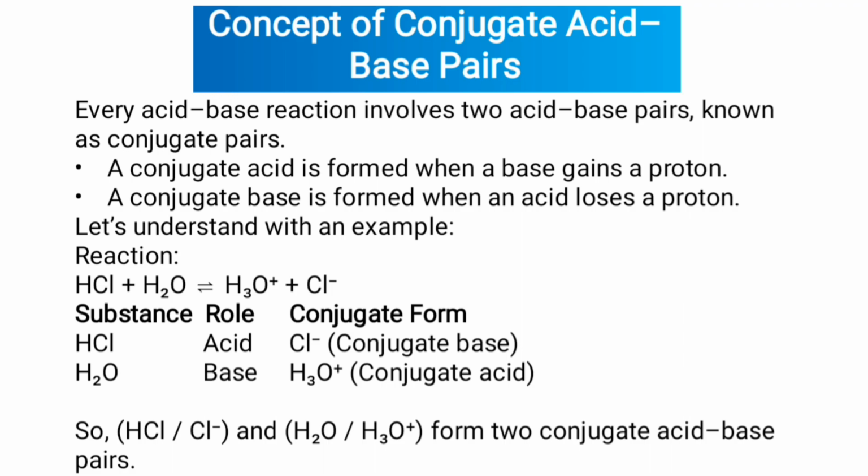Its role is a base, and H3O+ is its conjugate form, which is a conjugate acid. Thus, a conjugate acid is formed when a base gains a proton. Here, H2O gains a proton. So, HCl and Cl-, and H2O and H3O+ form two conjugate acid-base pairs.